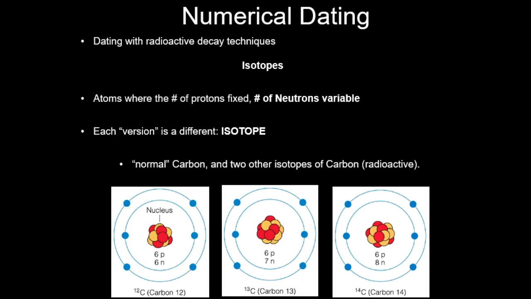And in certain cases, it may also have 8 neutrons, which makes the mass 14. These 3 variations are different isotopes of carbon. And the last one that I mentioned, the one that has 8 neutrons, is a radioactive isotope of carbon, which I'll talk about in the next few slides.